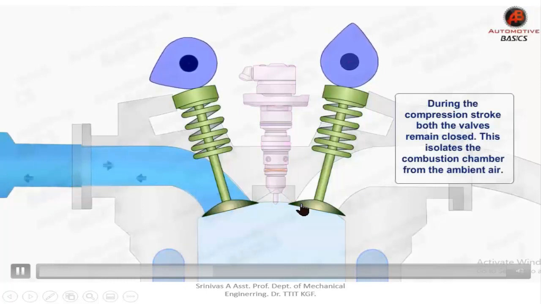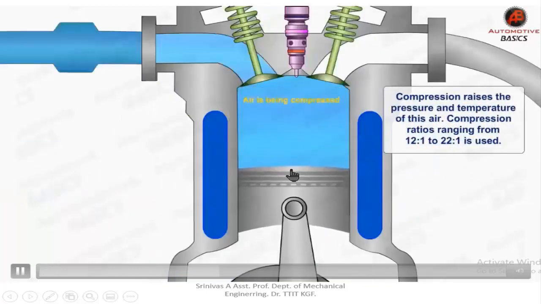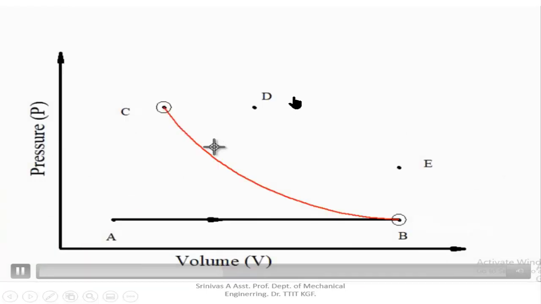No fresh air enters, and no air escapes from the exhaust port. When it reaches top dead center, in the PV diagram B to C, the volume keeps decreasing and the pressure increases.